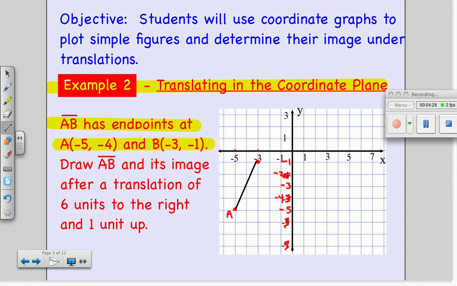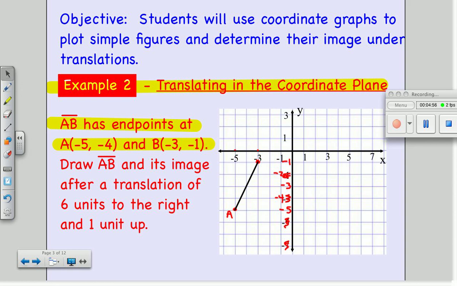Okay, let's get rid of that. Move it over just a tiny bit. There we go. Okay. So I have my line AB.